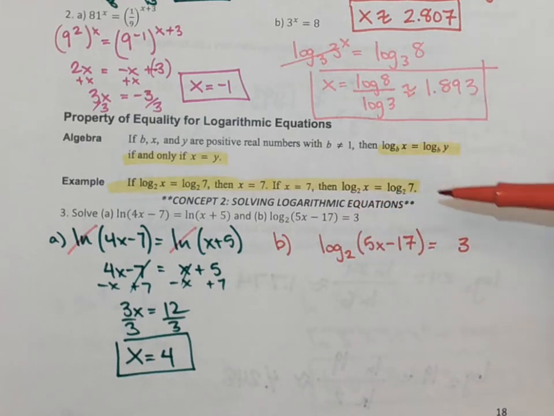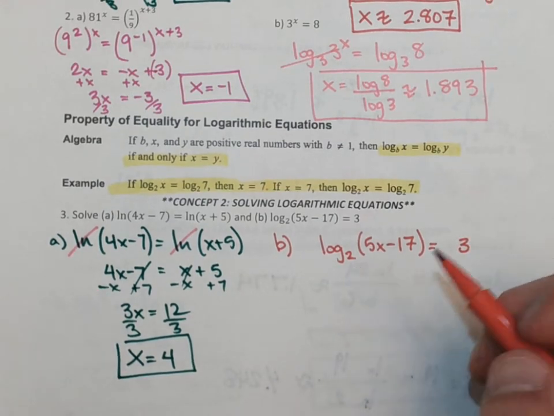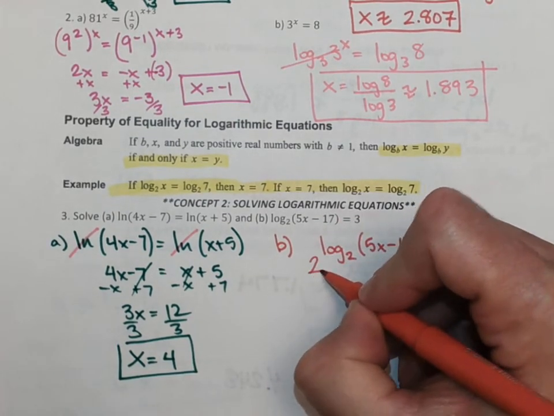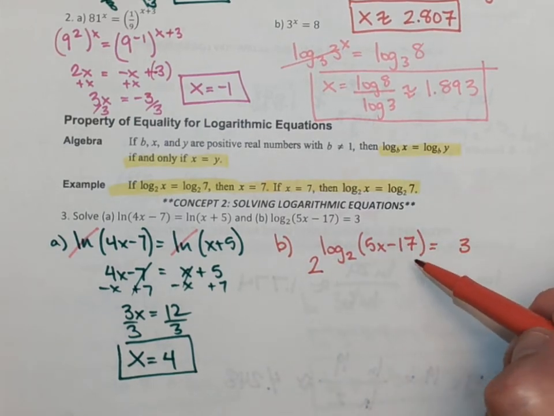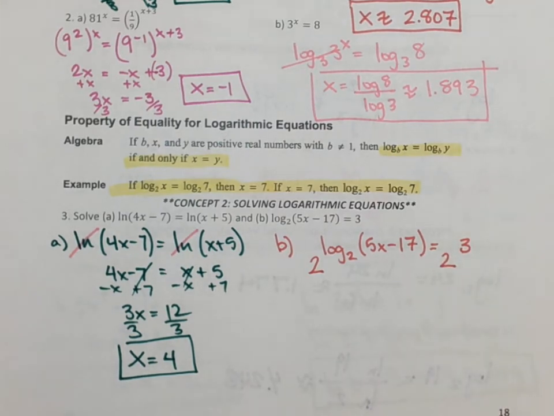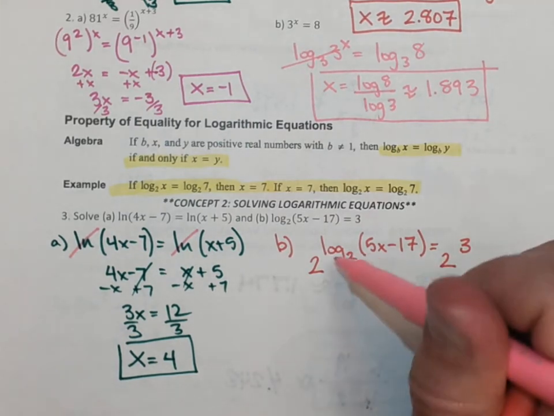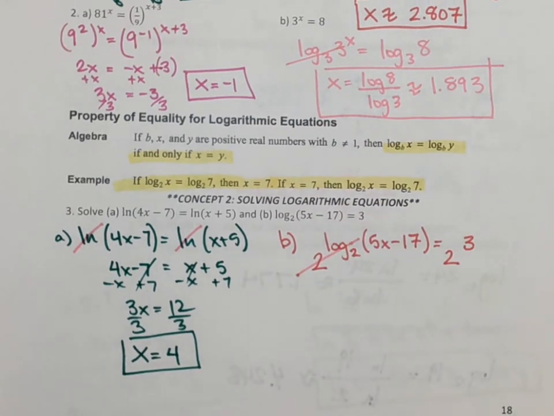I'm almost going to change it to an exponential form because I want to get rid of this log base 2. How I do that is I say 2 to the power of log base 2 of the quantity 5x minus 17 equals 2 to the power of 3. And now that whole part right there cancels out.